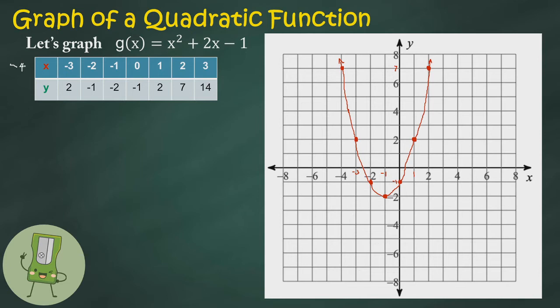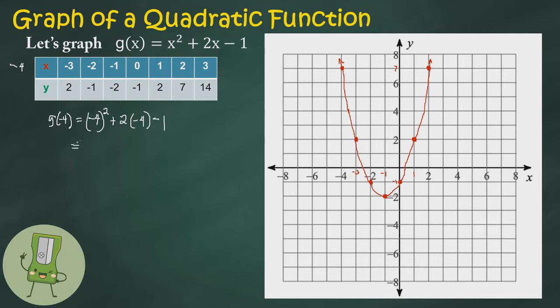So we have -4, and if we're going to substitute that to our g of x, that becomes g of -4 equals -4 squared plus 2 times -4 minus 1.